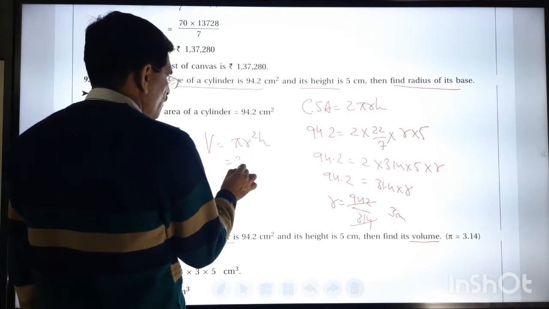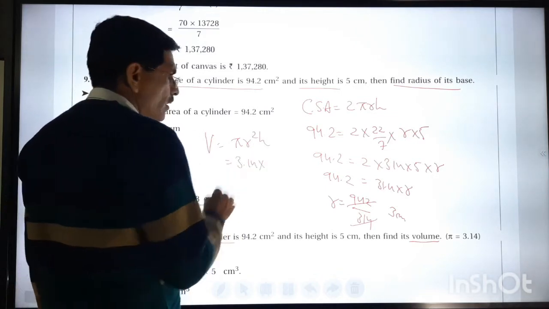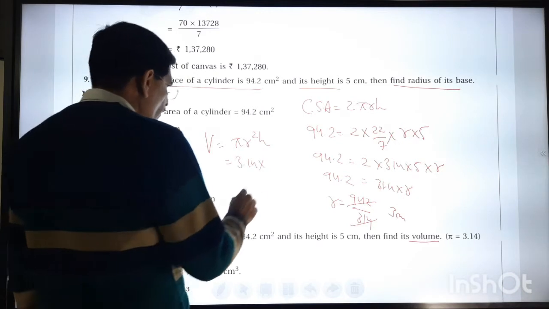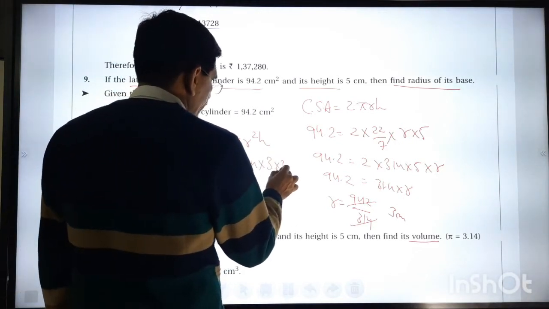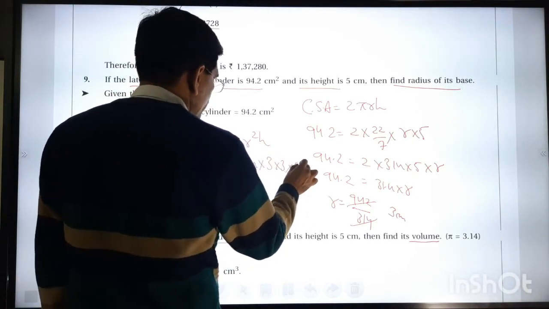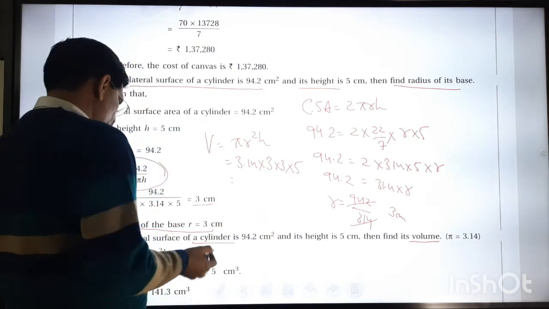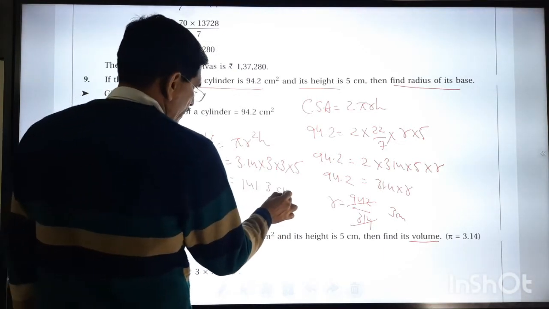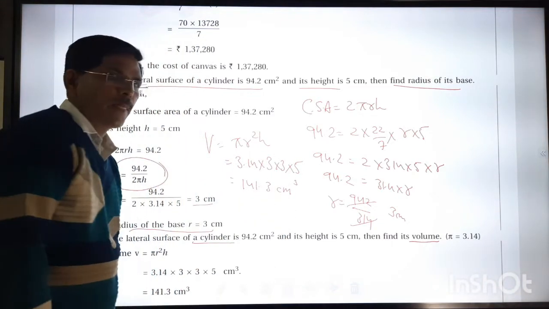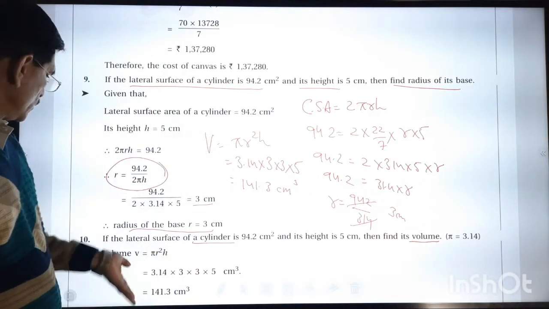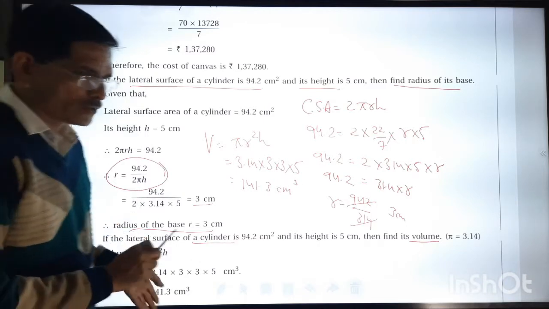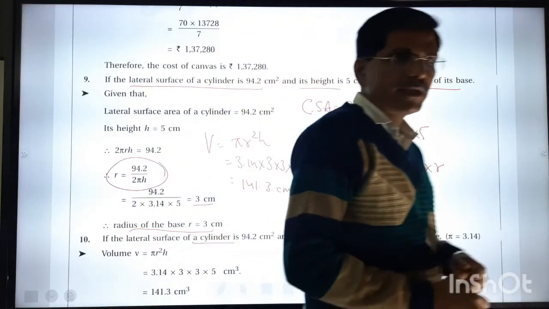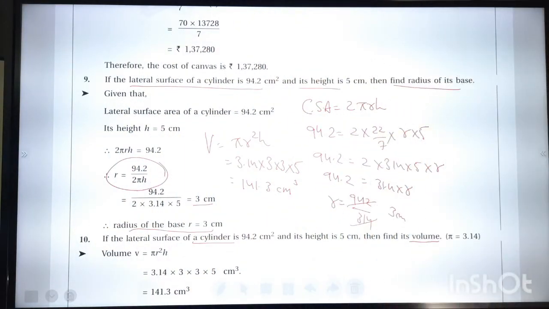The value of pi is 3.14, r square is 3 into 3, and height is 5. Now if we multiply, we get the answer 141.3 centimeter cube. So in one sum we can do two sums. 9th and 10th are both the same, and we have completed it. I hope you write it.